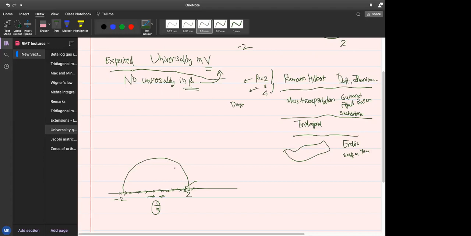The spacings are of the order of n to the minus 2/3. So it's slightly larger than 1 over n. They are somewhat more loosely packed. They stay away from each other. And so the distance is n to the minus 2/3. This is one thing that I would like to show, how we get it from the tridiagonal approach.